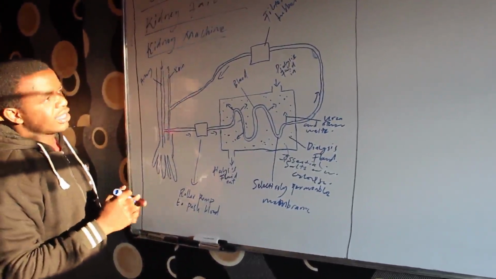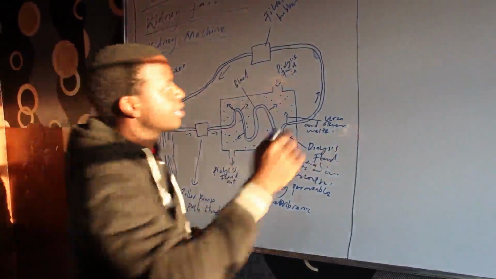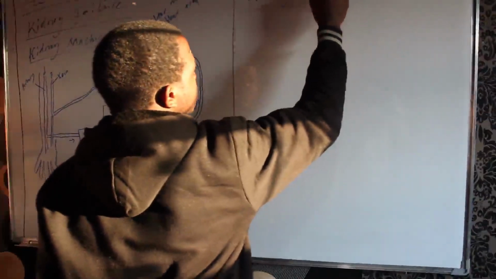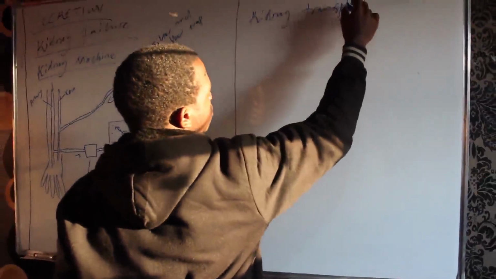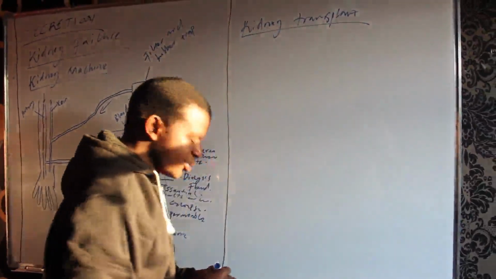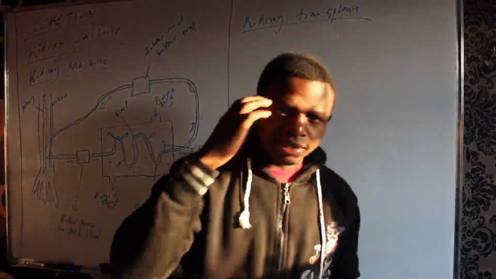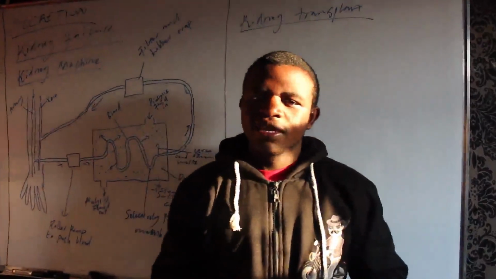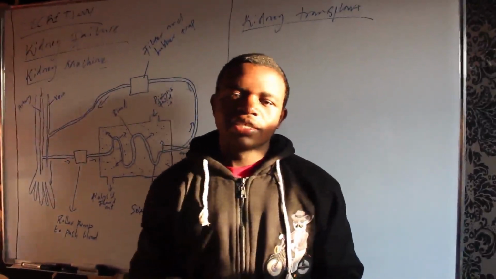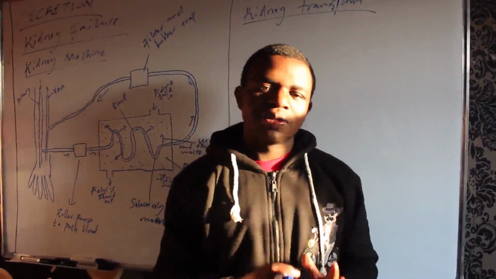Let us now look at the kidney transplant. So what is the kidney transplant? The kidney transplant is where a kidney is removed from the donor and is given to the recipient.